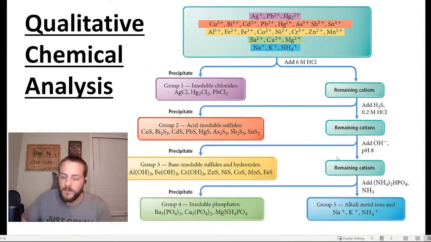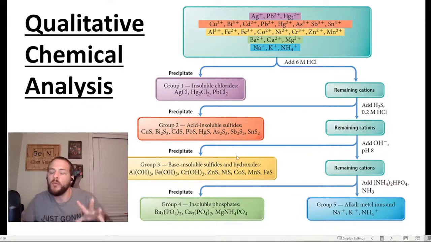And then the next step is you would have what are called base insoluble sulfides and hydroxides. So these are basically compounds that are soluble enough to remain in solution after adding the hydrogen sulfide, but are not soluble enough after you change the pH of that solution and make it more basic. Then they start to crash out.